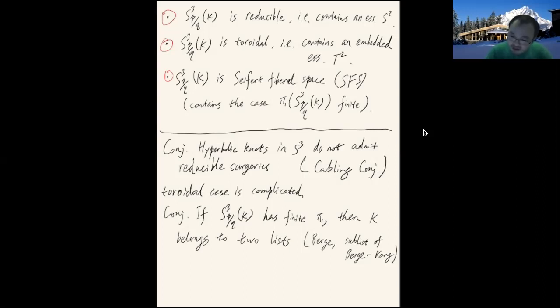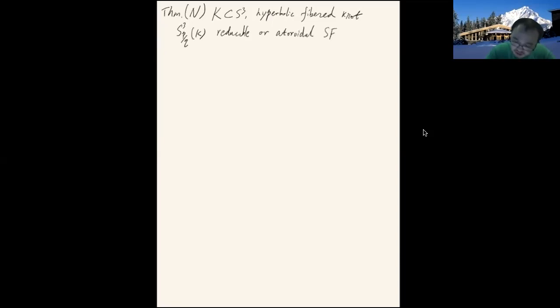Okay, now I can state my main theorem. If you have a knot K in S3 that is a hyperbolic fibered knot, and the P over Q surgery on K is either reducible or atoroidal Seifert fiber, then there are two cases.